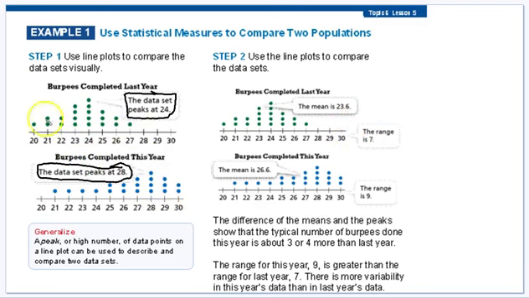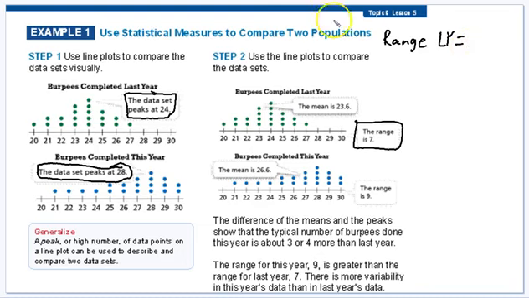So the range for last year, the last year range would be 7, because we do range for last year equals 30 minus, nope, not 30. I just looked at 30 and just wrote it down.